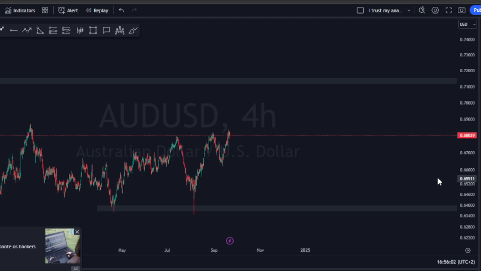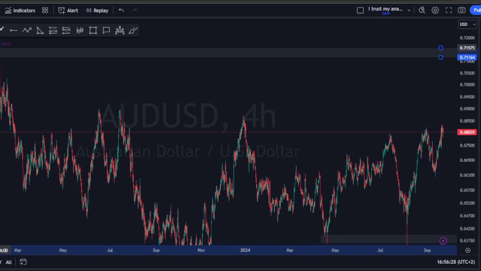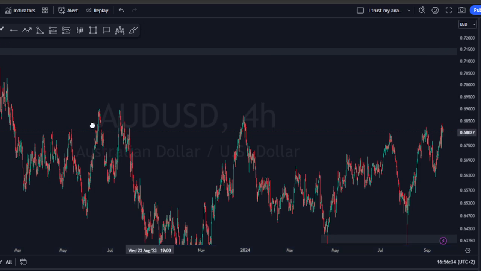The reason why I did this is because I just want us to catch the short-term movements. Sometimes short-term movements tend to change into medium-term and long-term movements. But I just want us to keep up with the pair right now.